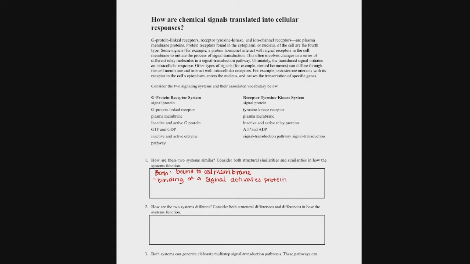Once activated, these proteins interact with relay proteins and activate those. So once a signal reaches this protein receptor, that then activates relay proteins to go and spread the signal further. So I'll just go ahead and write that down: interact and activate relay proteins.